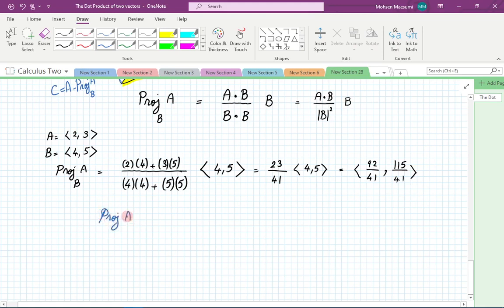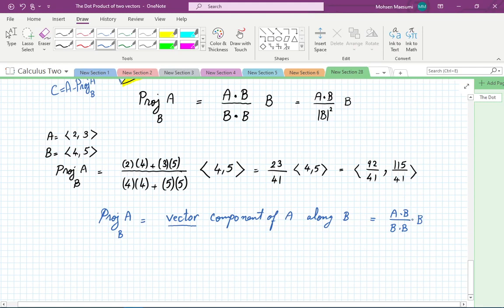Projection of A on B, that is a vector component of A along or on B. So if you want to have the vector component, that's what you get, and the formula for that was again A dot B over B dot B times B again.